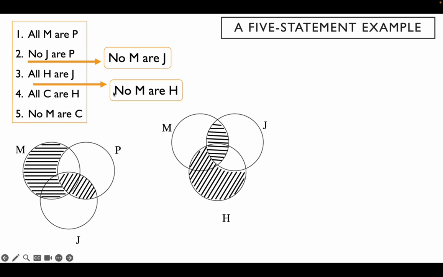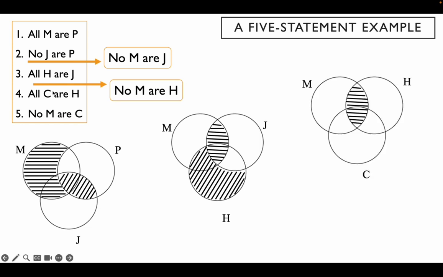Once again, the conclusion no M are H becomes the first premise of the last syllogism. No M are H, which is already diagrammed right here, and all C are H, which I diagram as such. Once again, the question is, what can we derive?